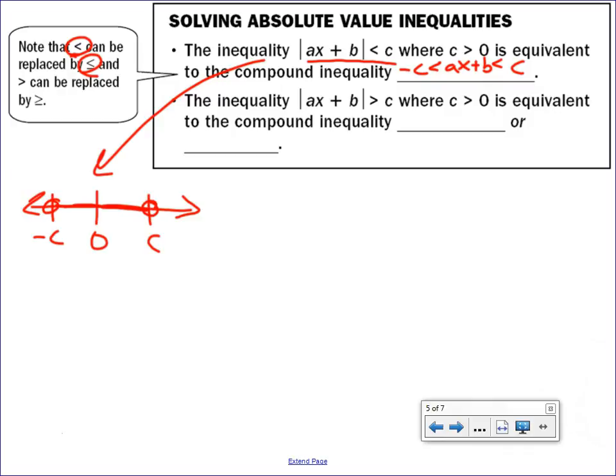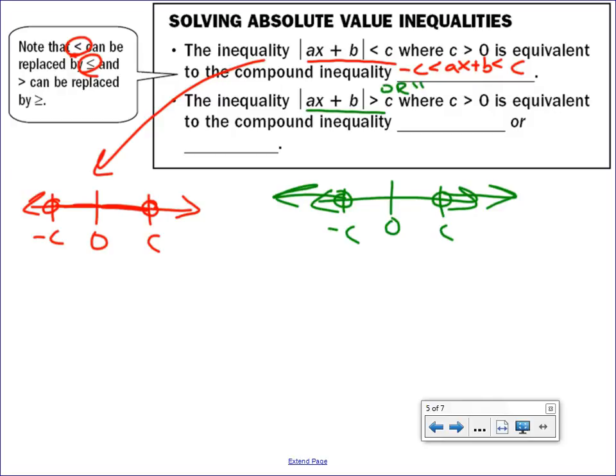Okay? Now keep in mind, if we have the absolute value of ax plus b is greater than c, let's generalize that. So we've got the values at c, values are then greater, and at its opposite, they'll be going the other way. So that's an or situation. Okay? So this is the or, whereas this first example was the between, or the and.